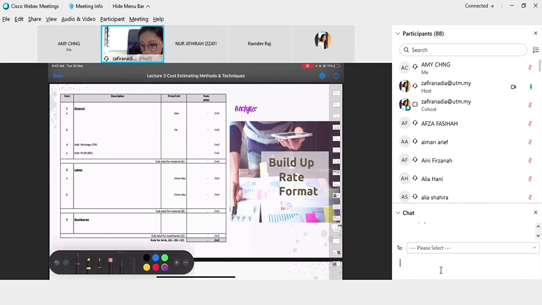Analytical is the method, but bill up rate is the output, the language used in the industry. In academics we call it detail cost estimate, detail cost plan, final cost plan. But in the industry we don't say detail cost estimate or final cost plan. We say, do you have the bill up rate? Want to see it? Like that. So don't get confused. It's the same thing. Okay.